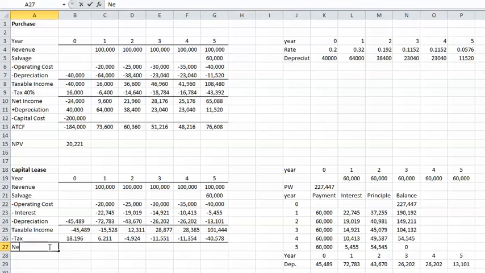And then net income, which is the summation of these two.